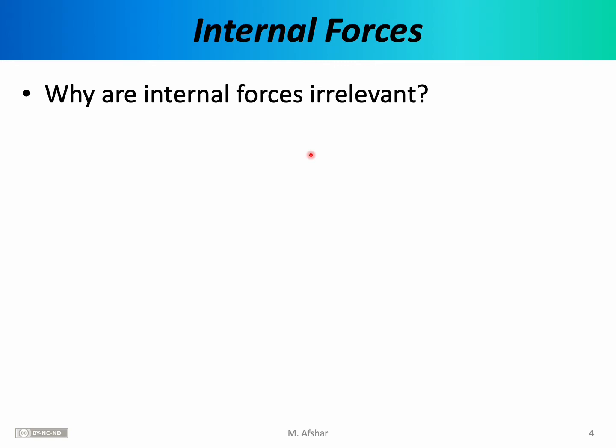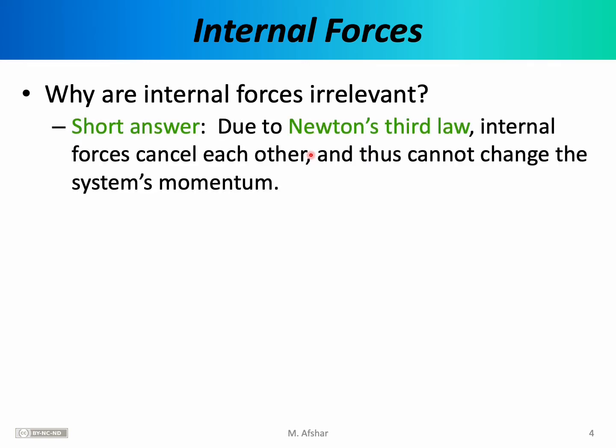If your system is an automobile, then you might say that the engine exerts a force on the drivetrain, and the drivetrain exerts a force on the wheels. These are all internal forces. Why don't these forces matter when it comes to conservation of momentum? Well, the short answer turns out to be Newton's third law of motion. According to Newton's third law of motion, for every force, there is an equal but opposite force.